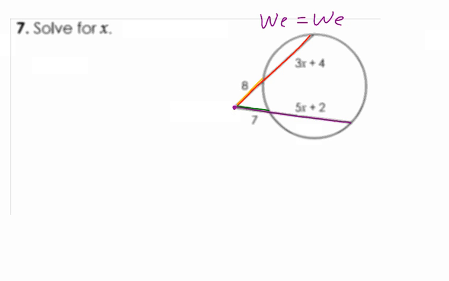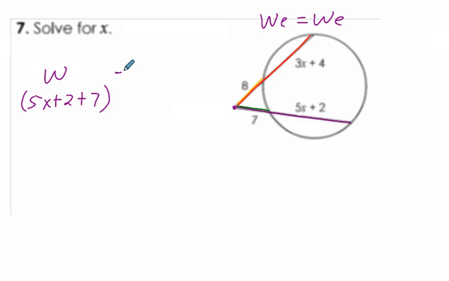Well, we've got to add the exterior plus the interior. So our W for that bottom line is going to be 5x plus 2 plus the 7. So that's my W. Now I've got to multiply that times the E, or the exterior.